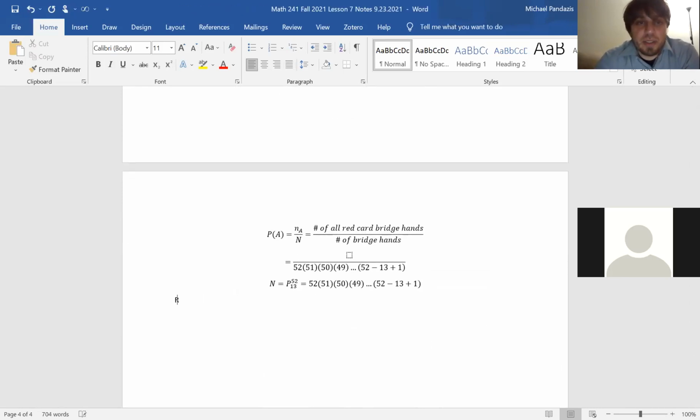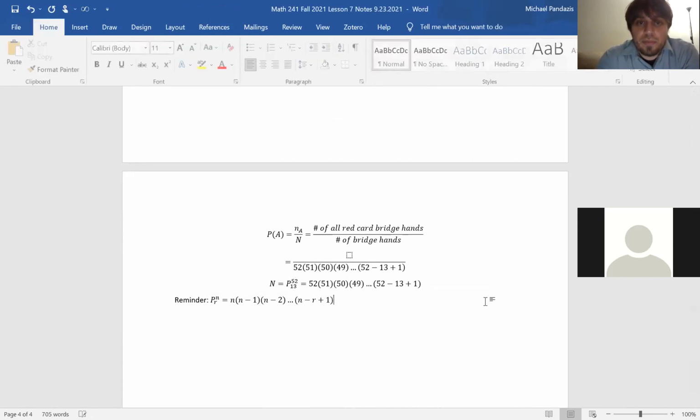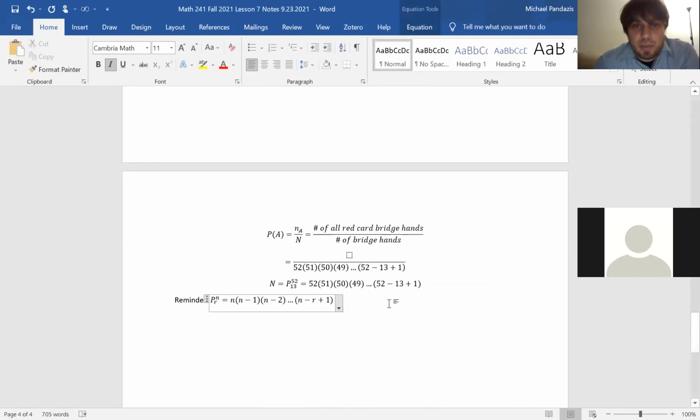Right, and a reminder, the formula for NPR is equal to N times N minus 1 times N minus 2 times ... times N minus R plus 1. Okay, and so that's what we did here. N is 52, R is 13.